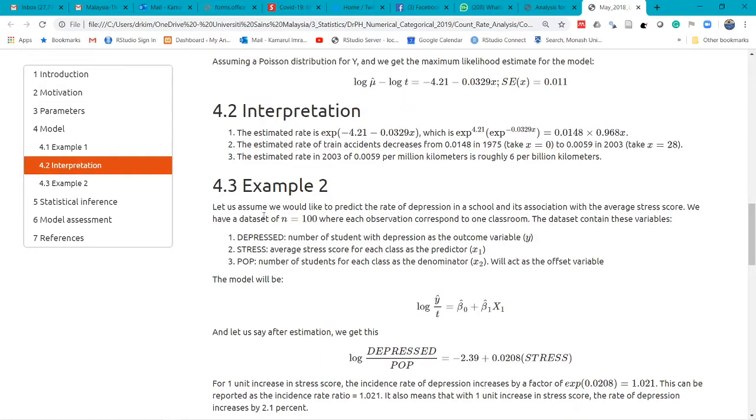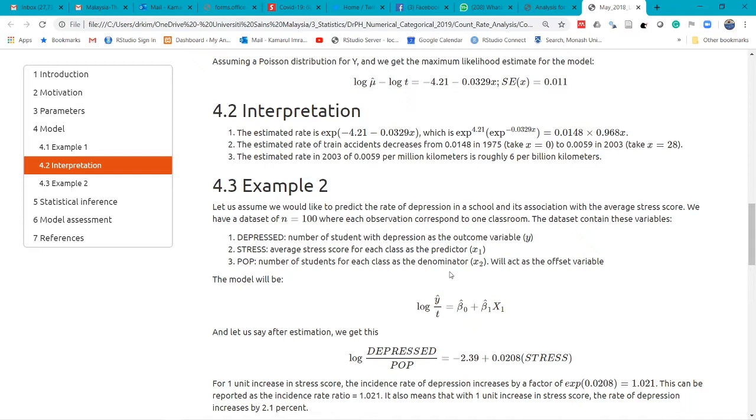There's another example. Predict the rate of depression in schools in association with the average stress score, with 100 observations. You get stress, and pop is the number of students in each class as the denominator.